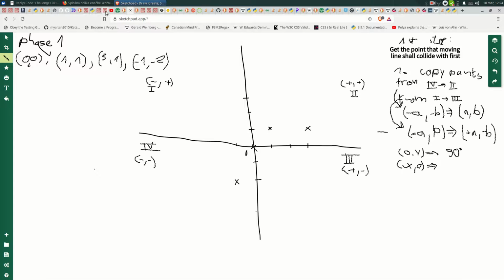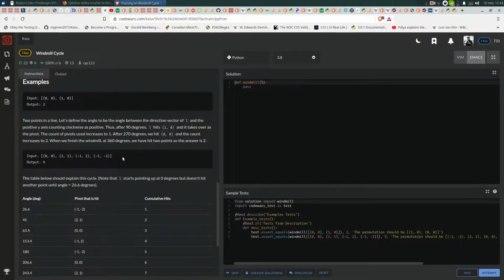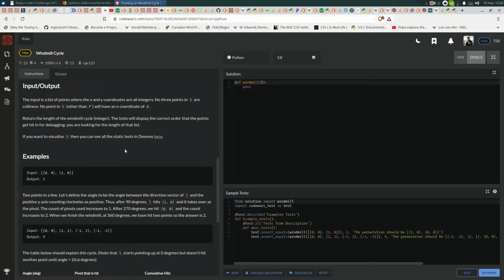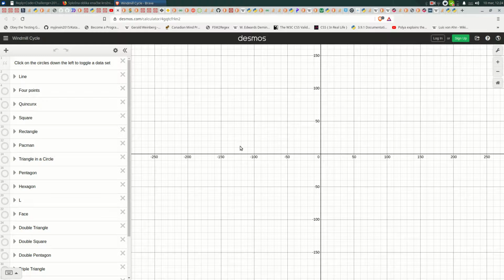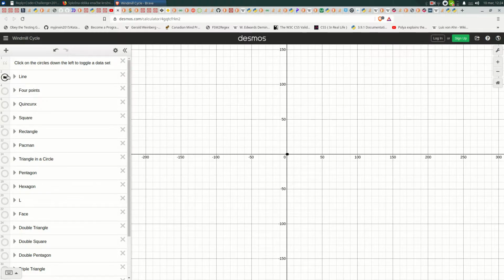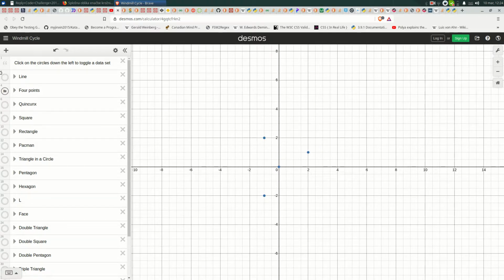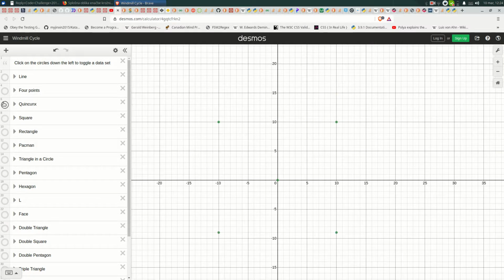Let's just see of all the possibilities, I guess the person did them in Desmos. You can see all the static tests in Desmos. So yeah, here is one. Here we see they're not on the line. This is a bit larger now, square. It's okay.